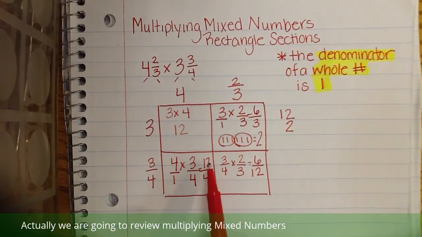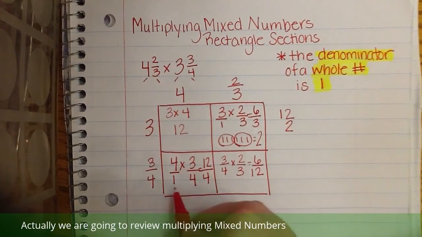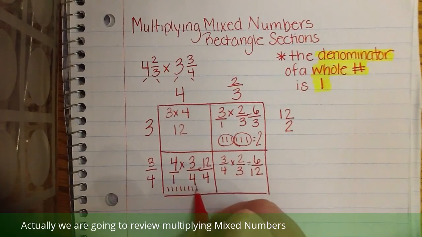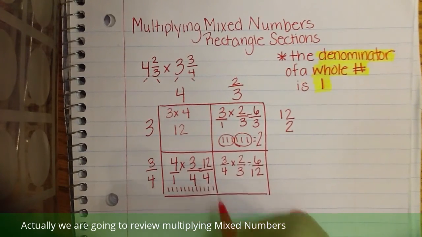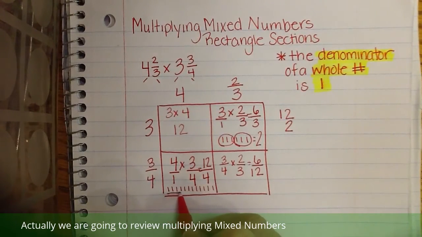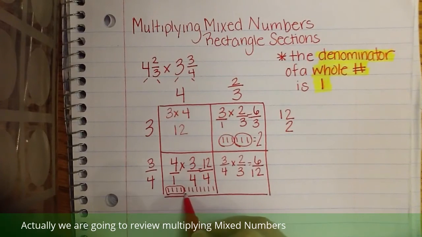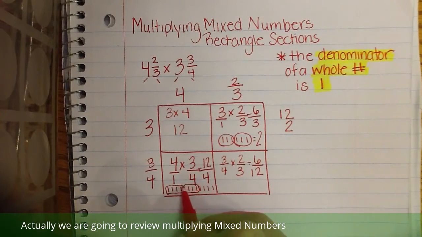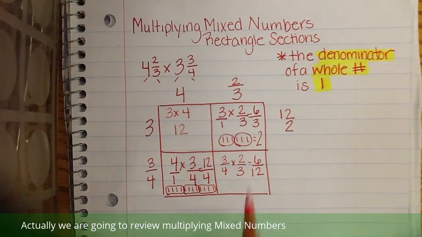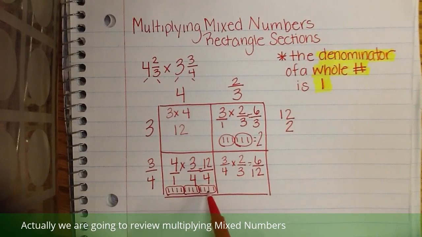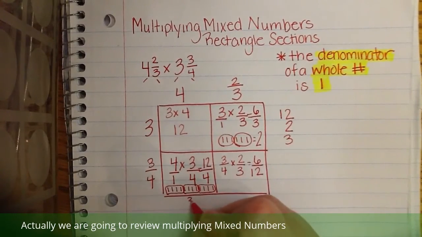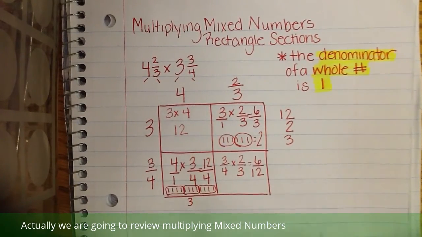What about this one? 12 divided by 4. 12 divided by 4 is 3. That's great. No fractions to deal with.